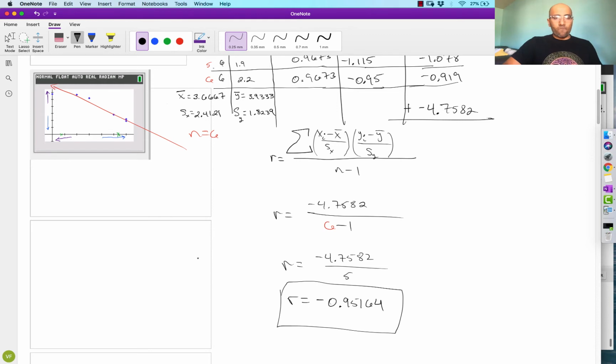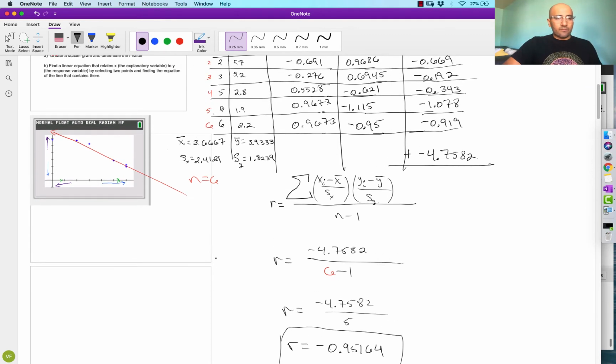Good. Okay, so we created our scattergram. Here's our scattergram. And then visually, it looks like there is a negative linear relationship. So right away, we kind of suspected that.